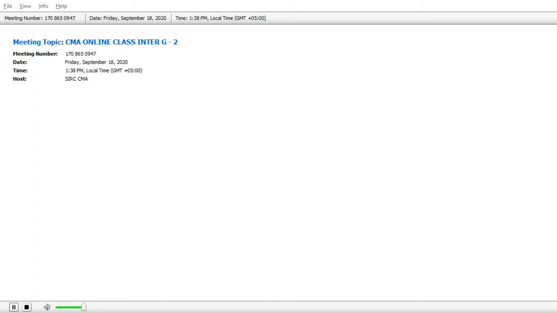But in case of CC, say for example, is the desktop visible? Share my desktop.